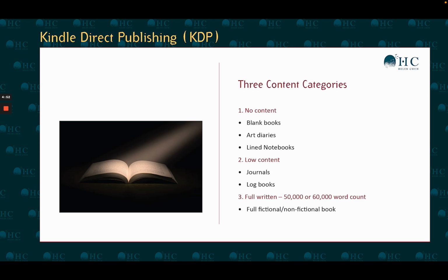Journals can be gratitude journals, travel journals, mood journals. Logbooks, you can have a car logbook to record your mileage, a vehicle service one, or a medical one where you have a checklist of the vitals. I know with my mum, she had diabetes, so we were trying to record her sugar levels and blood pressure, etc.